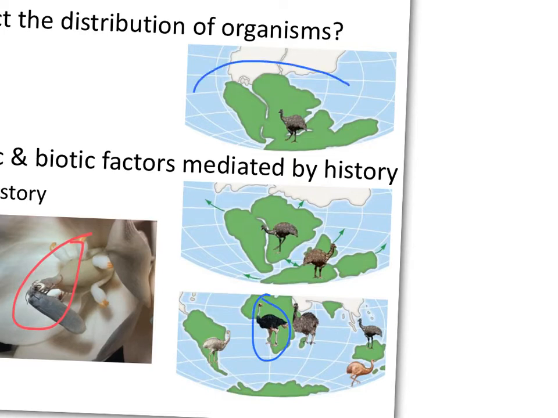Originally there was one big continent called Gondwanaland, and then due to tectonic plates moving, different continents moved and separated. Probably the first group to separate was Australia and Antarctica.